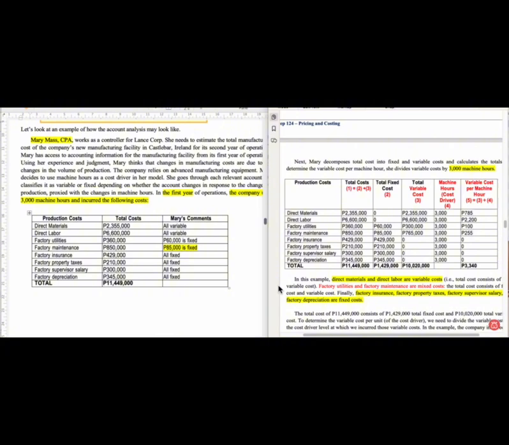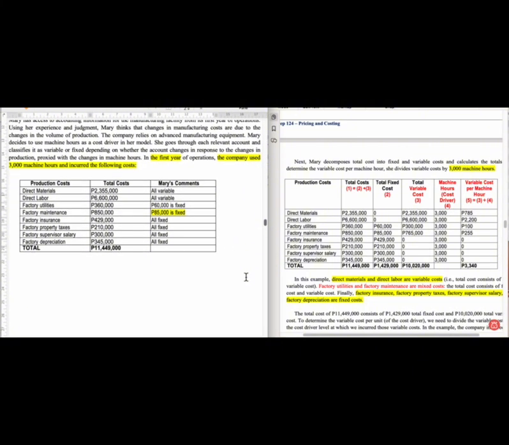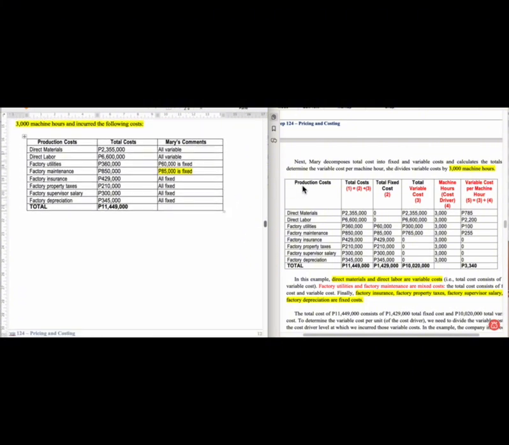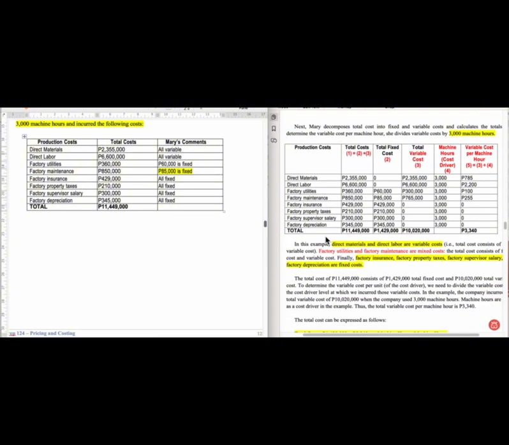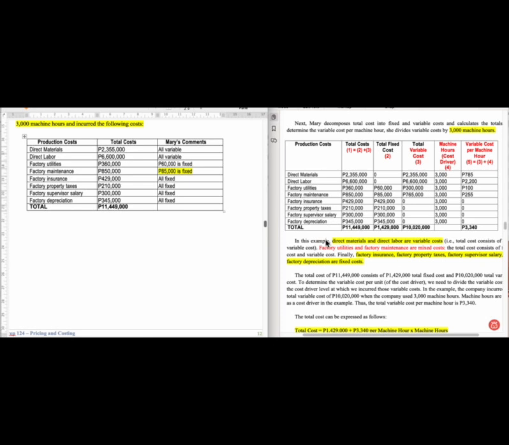Then there are the comments of Mary as a CPA in a company. In the next step, we have a table for the production cost, which is given in the problem: the direct materials, direct labor, factory utilities, factory maintenance, factory insurance, and so on. On the right side, you lay out the production cost and the given total cost.